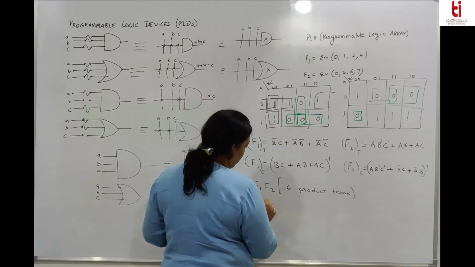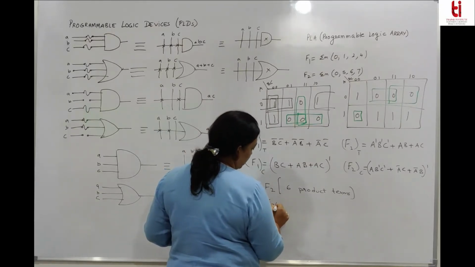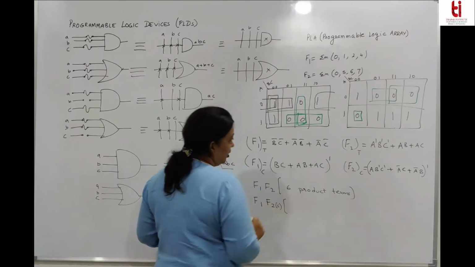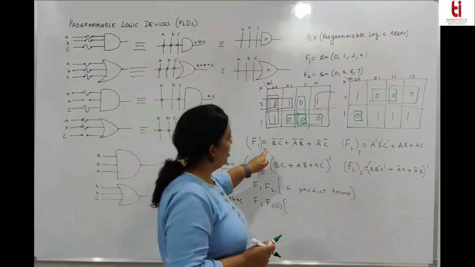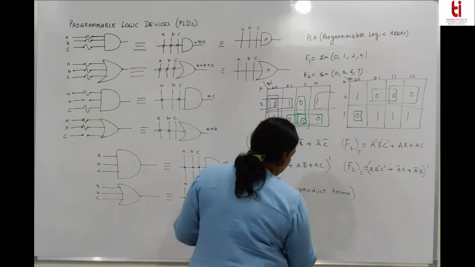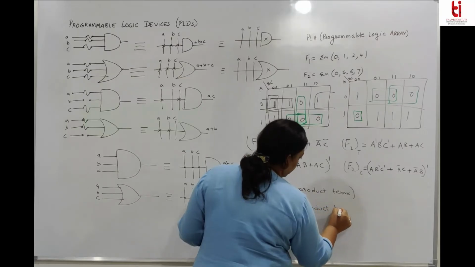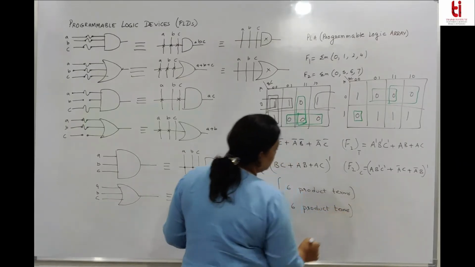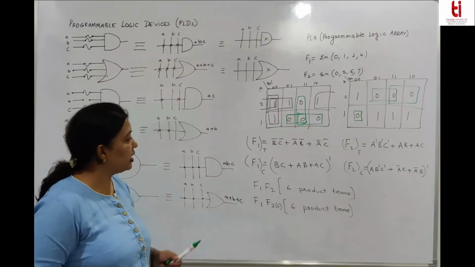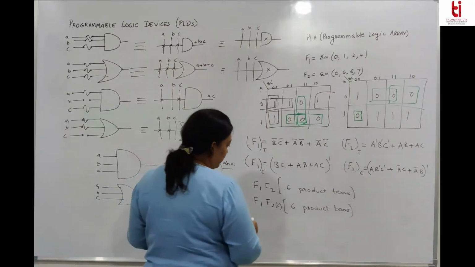If I have F1 in true form and F2 in complement form, then also it will have 6 product terms. And the task is to reduce the number of product terms. That is why we have taken both the functions in both the forms, true and complement form.